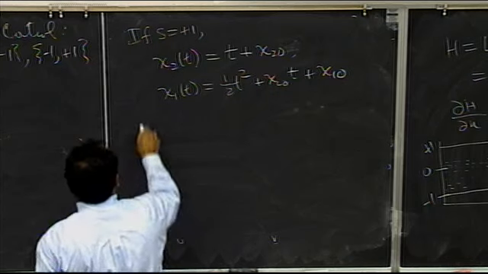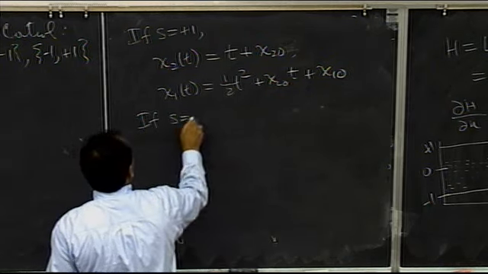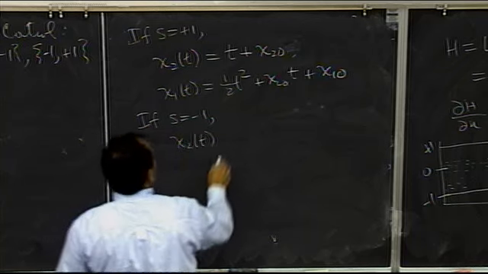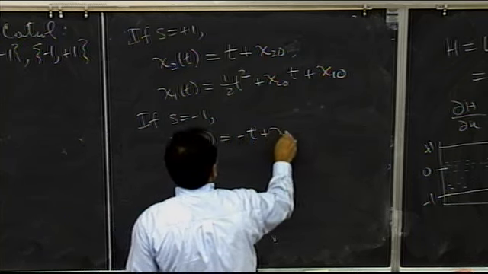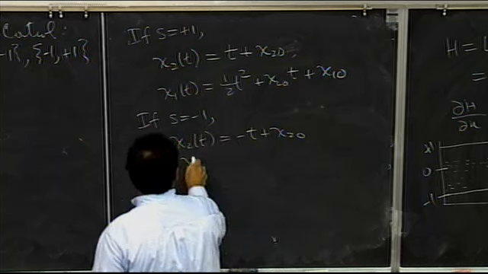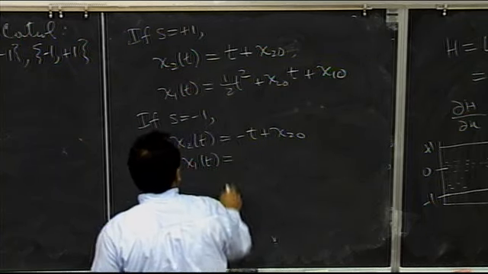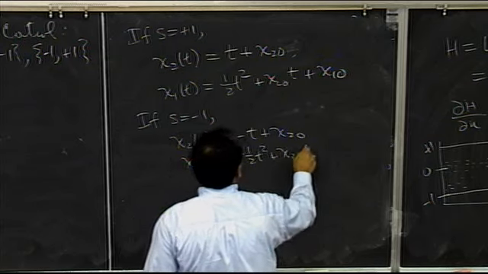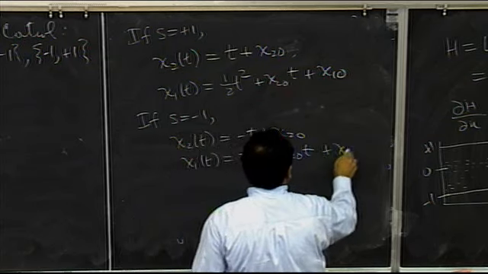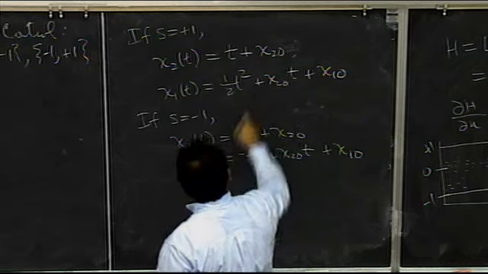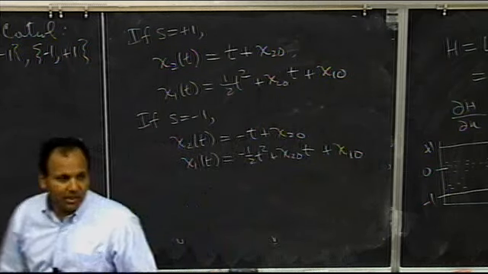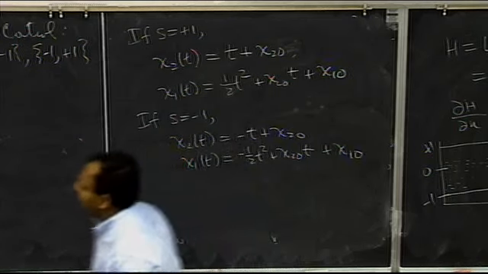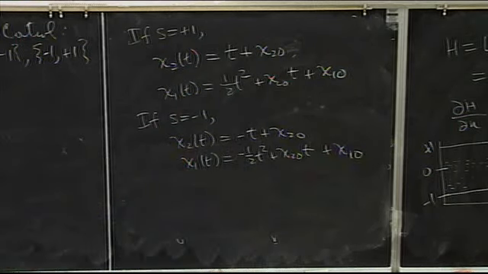If s is equal to -1, then we get x2 of t is equal to minus t plus x20, and x1 of t is going to equal minus 1/2 t squared plus x20 times t plus x10. In either case, we get a quadratic as a function of time. That takes care of this case, and it takes care of this case.